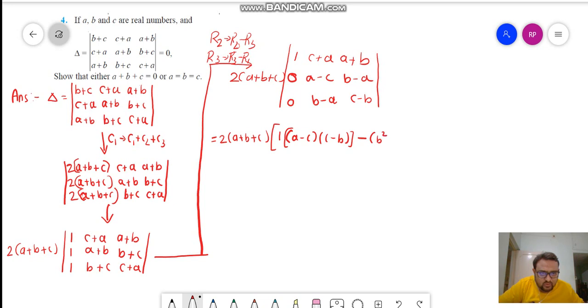So it will be B square minus 2AB plus A square. So this will be equal to 2 into A plus B plus C.